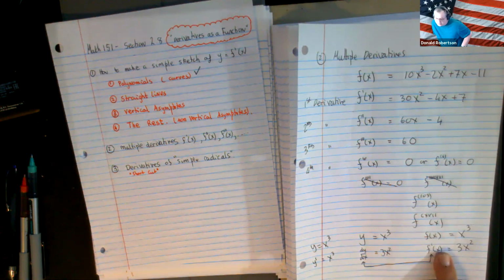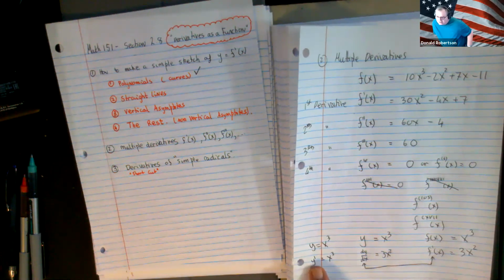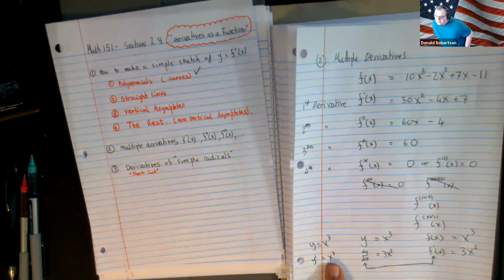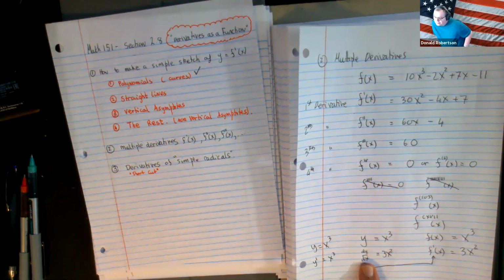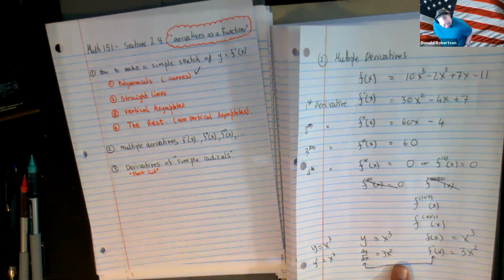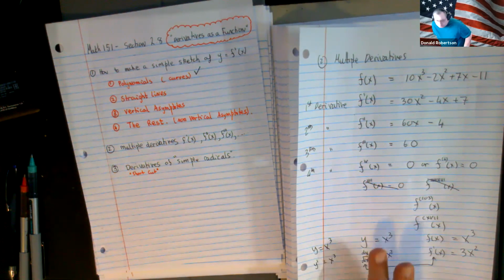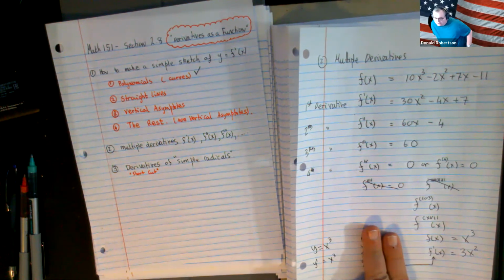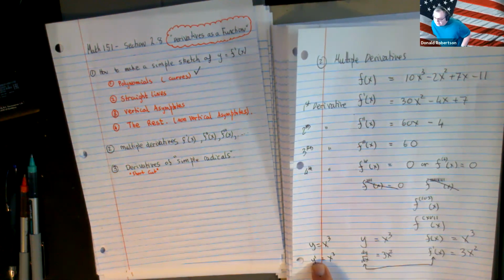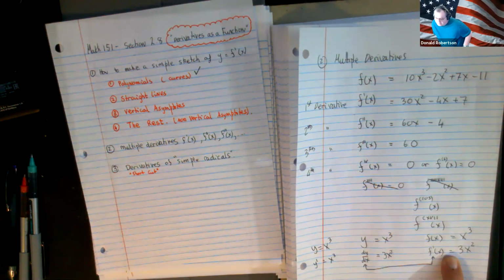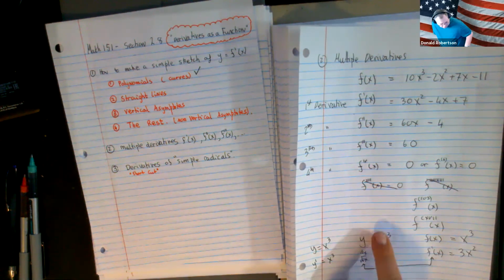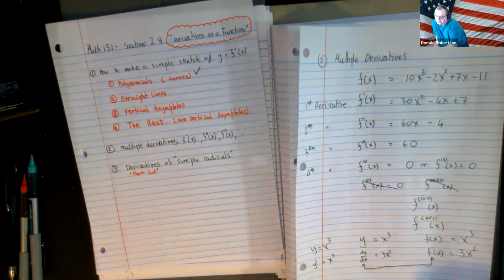So f dashed of x means first derivative, y dashed would mean first derivative, and dy by dx would mean first derivative. And if you're wondering why we even bother with that middle one, because that one seems much more natural and it seems to fit this notation, right? It's that we're going to be doing other things in the future called differentials.